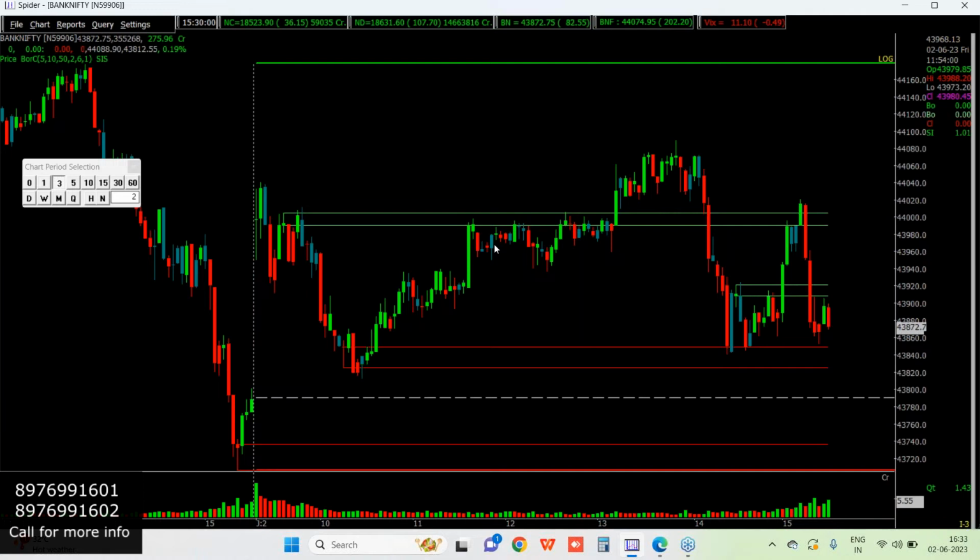This will help you to understand the candle's movement. Whenever the candle is creating higher high and higher low, it will show you a green color. Whenever the candle is showing lower high and lower low, then you can consider it a falling candle.